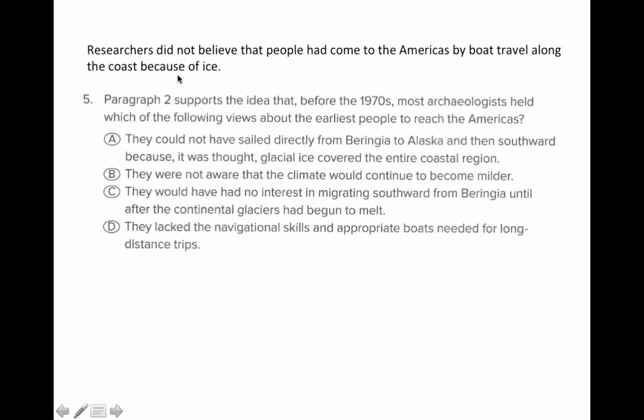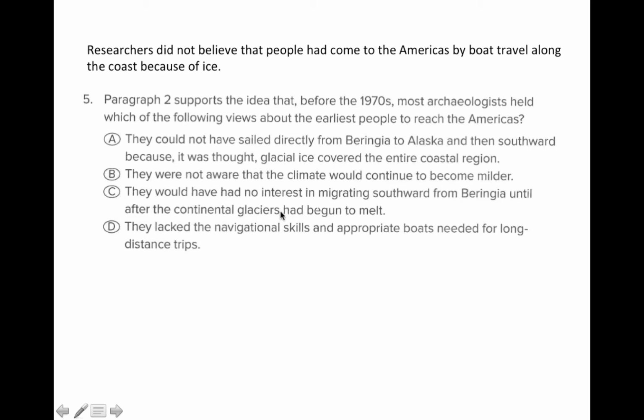Well, a couple of these answer choices talk about ice, right? This one here and this one here. They could not have sailed because ice covered the region.